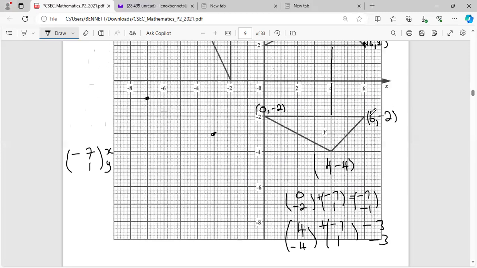And the final one, which is this 6, 2. So we have 6, 2 plus -7 and 1. So this is -1 plus 3. So -1, 3. So -1 is over here, and we go down all the way to 3.